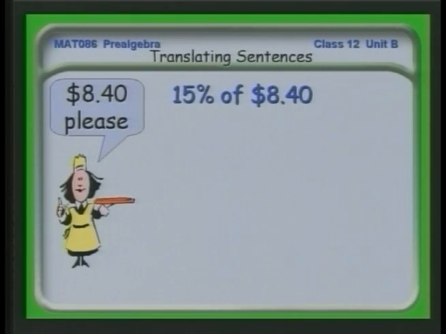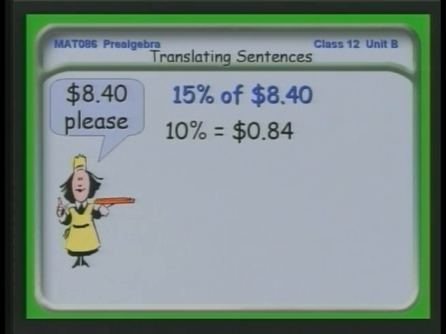Let's look at another one. We're at a diner, maybe for breakfast, and the check is $8.40. Let's use that same procedure to calculate the 15%. First, we calculate the 10% by moving the decimal point over to the left one place to get 0.1 times 8.4.